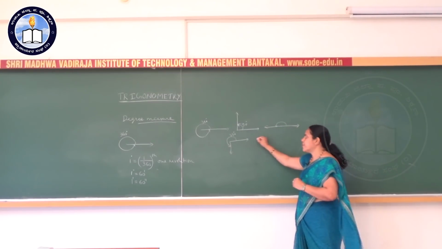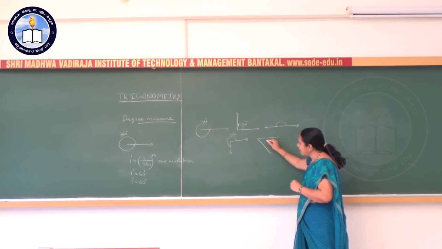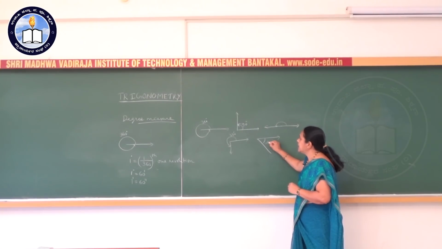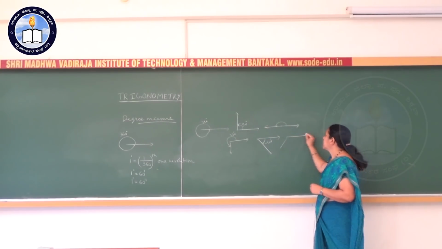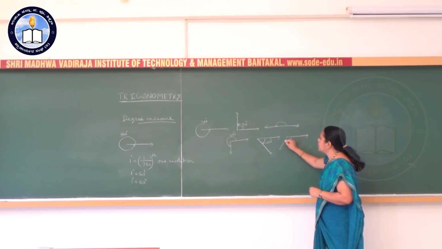If the direction of rotation is clockwise, then the angle is negative: minus 60 degrees, minus 120 degrees.